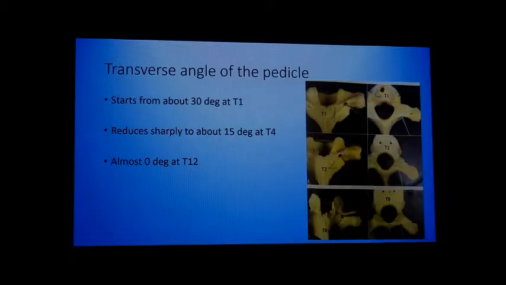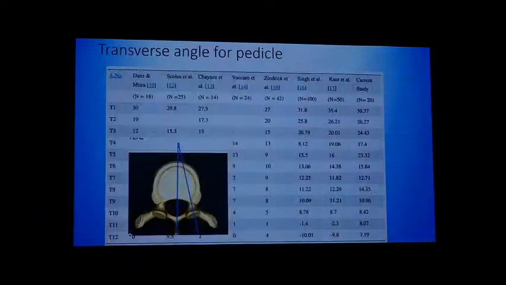So the other thing is the transverse angle. So this is also variable across the segments. So it's quite a wide angle, like much more medialization is required at T1 and T2. So it's about 25 to 30 degrees there, and it reduces quite sharply when you come to about T4, and it's almost parallel at T12.